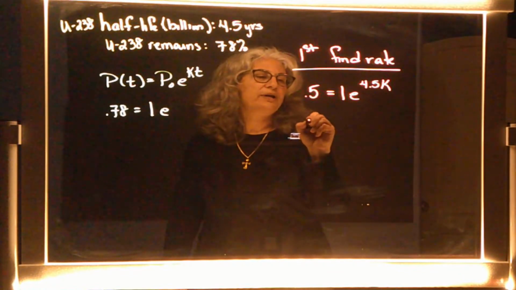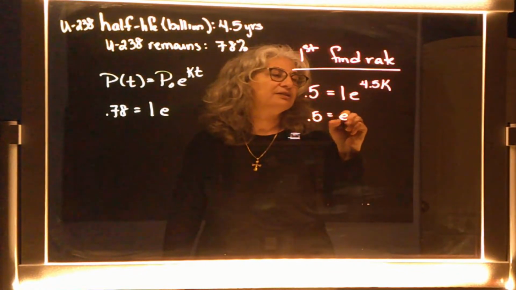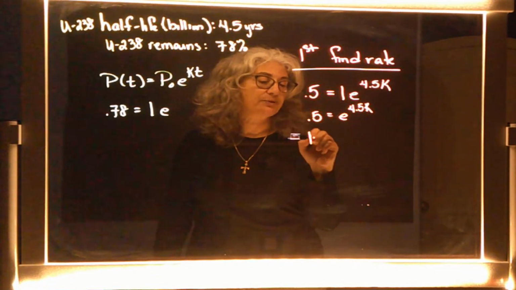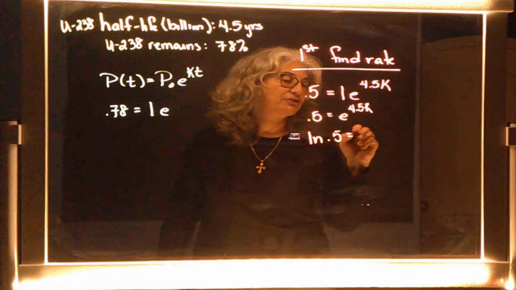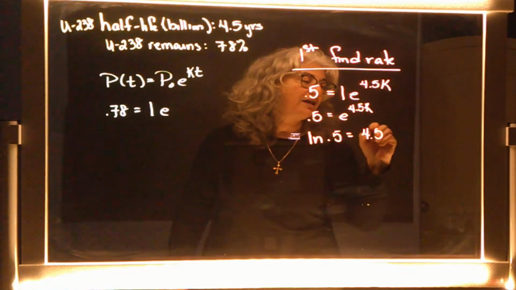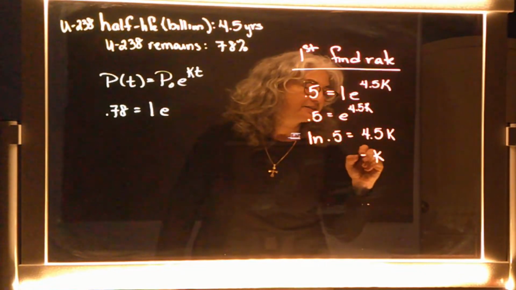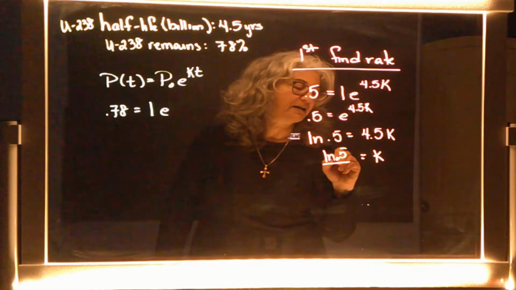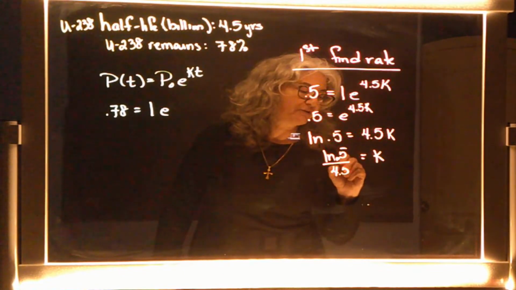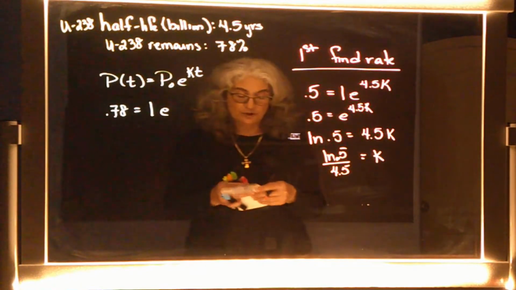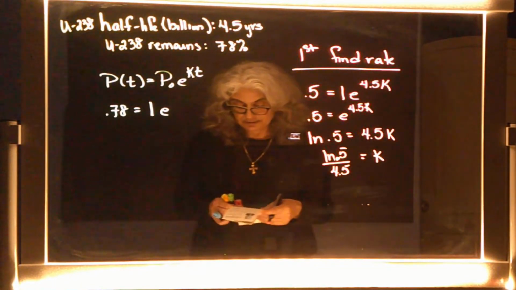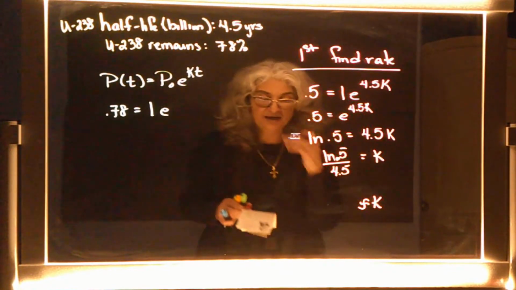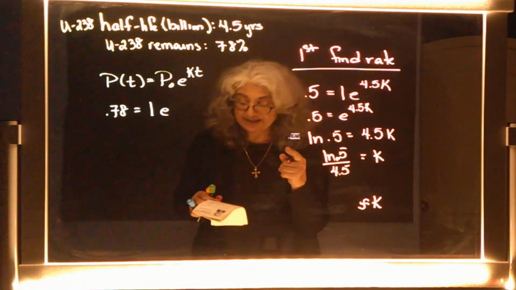Okay, so when I work this out, I am going to do what I have been doing, right? I've got to take the natural log of both sides, and then finally, to find the K, I'm going to take the natural log of 0.5 and divide by 4.5, right? Okay, so what did you guys get for K? And I'm going to round to 3 decimal places.